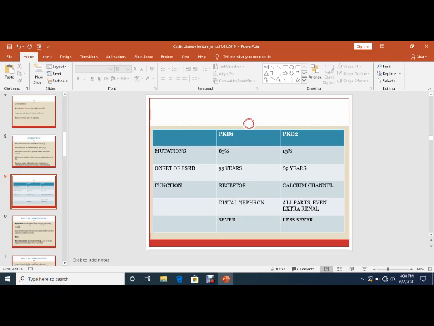The functional problem is a receptor problem in PKD1, and in PKD2 it is a calcium channel problem. PKD1 usually arises from the distal nephron, and PKD2 can occur in all parts, even extrarenal. So PKD1 has a severe form and PKD2 has a milder form.